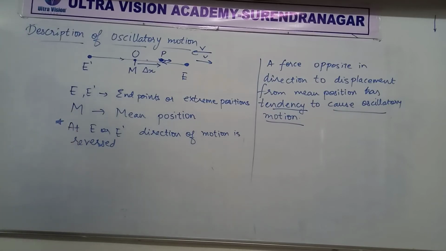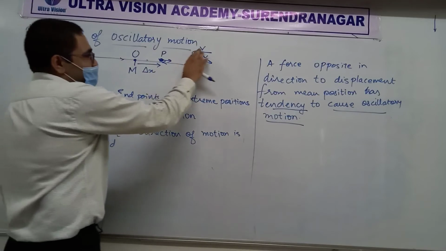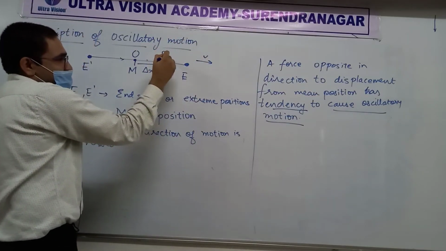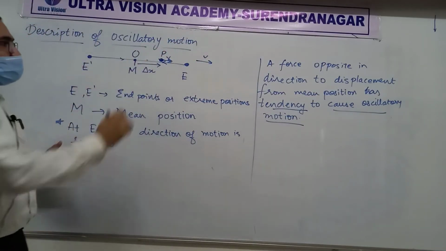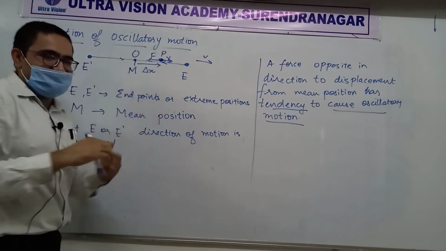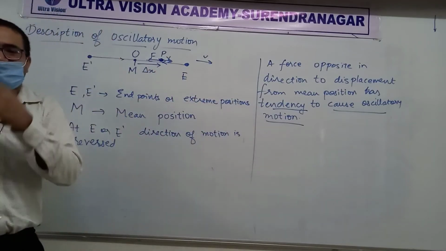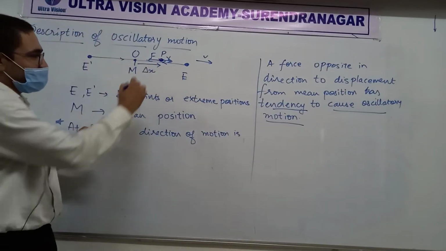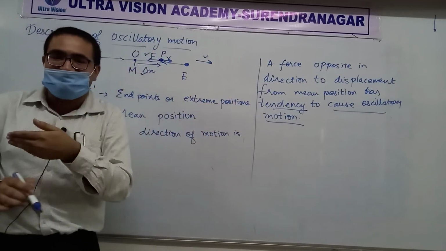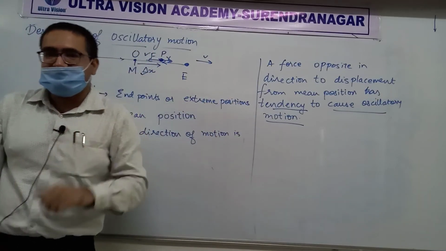What changes velocity? Very good. Force changes velocity. That's right. So if the velocity at this point is towards the right side, then there has to be some force in the opposite direction which will gradually reduce the velocity and bring it back. Did you understand why a force opposite to displacement is necessary if it wants to come back? Clear?